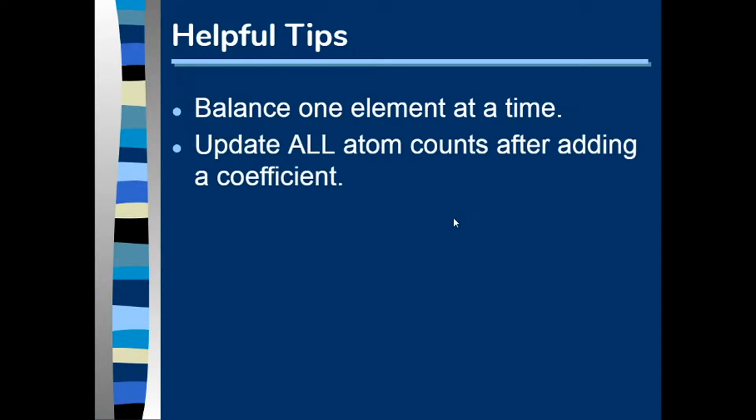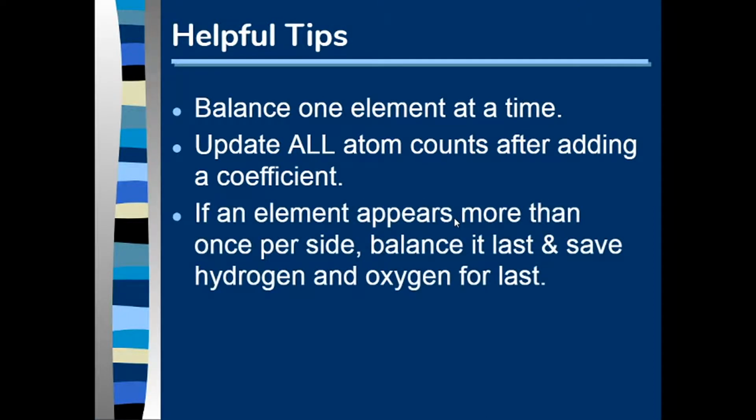Like I said before, anytime you add a coefficient, make sure you update the count of all of the atoms that that coefficient applies to. This is going to be very important in our combustion reaction example, so you'll see what I mean when we get to it.